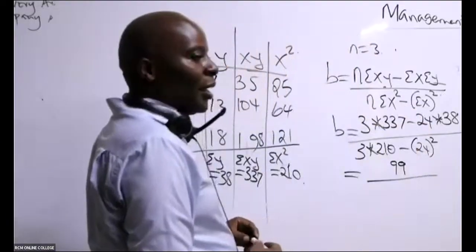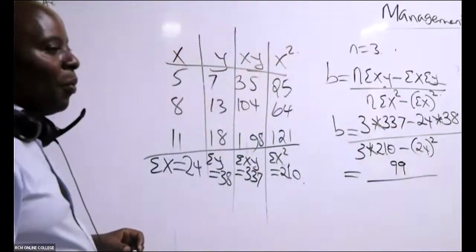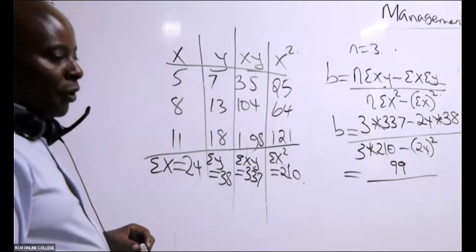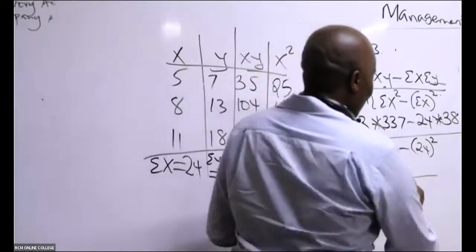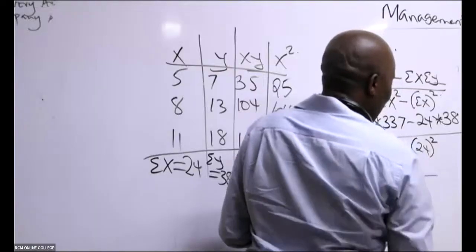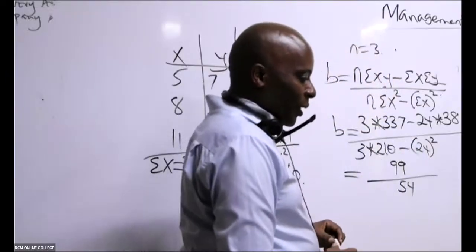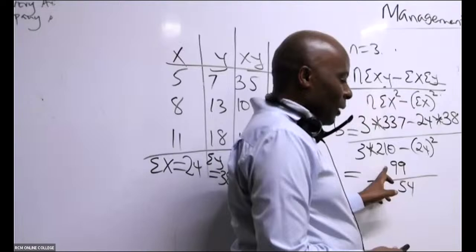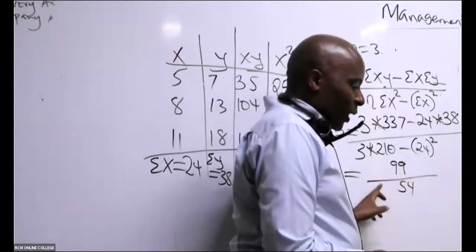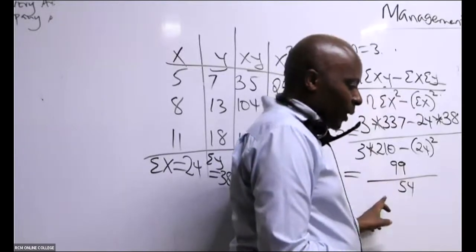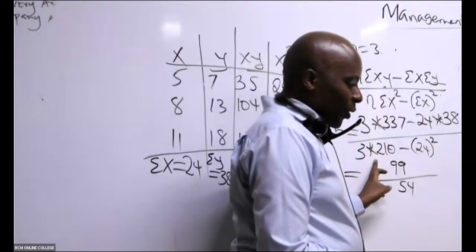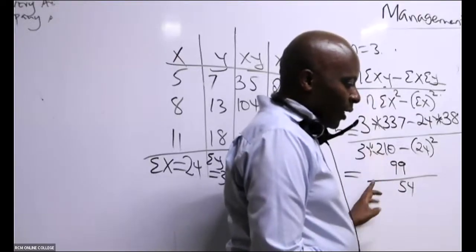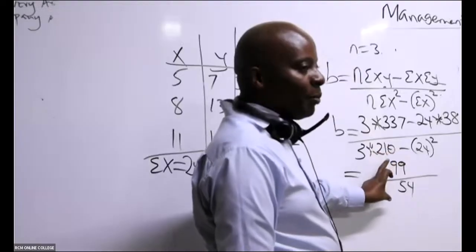Thank you so much. Then go ahead and give me the denominator. 54. Can somebody else confirm that 54 is correct? The online ninjas, are you able to get these numbers? Please confirm. Thank you so much. So give me the 4 decimal places quotient.